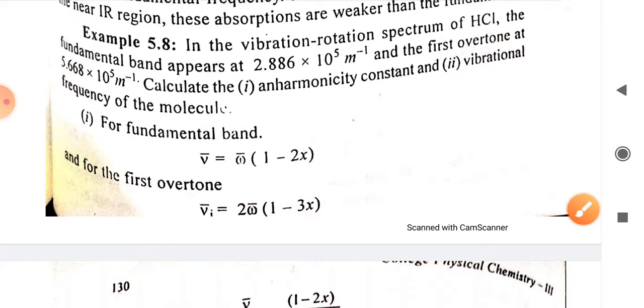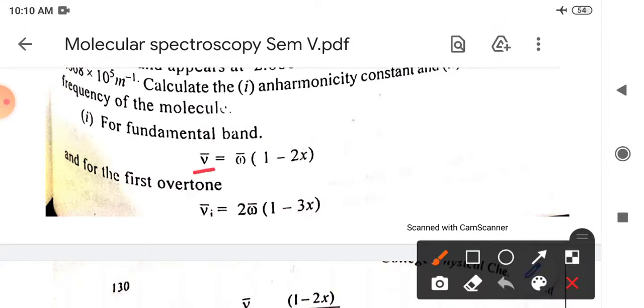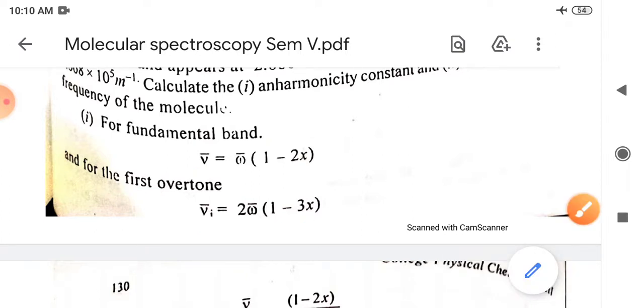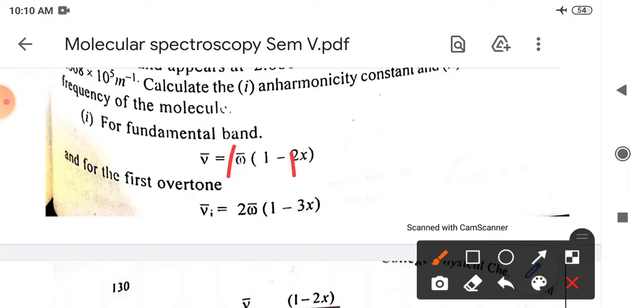For the fundamental band, nu bar equals omega bar into 1 minus 2x. For the first overtone, nu bar first equals 2 omega bar into 1 minus 3x. So just increase here by 1, and here also by 1.